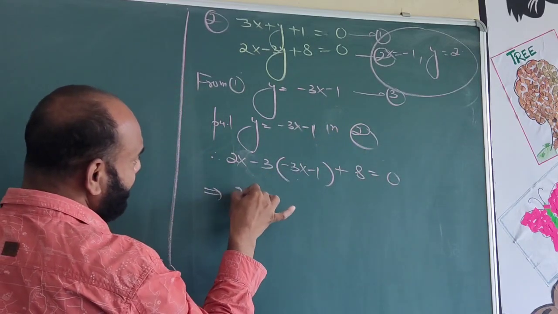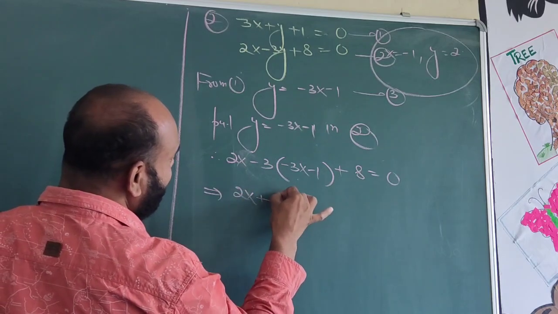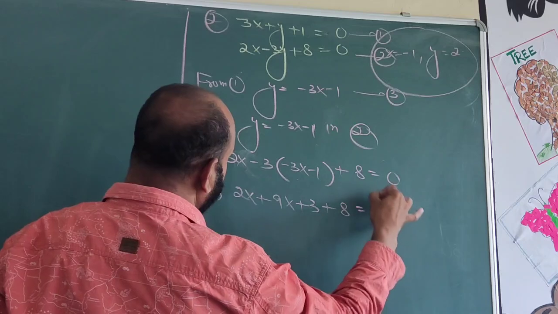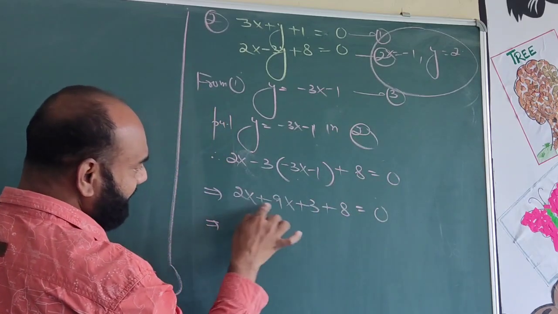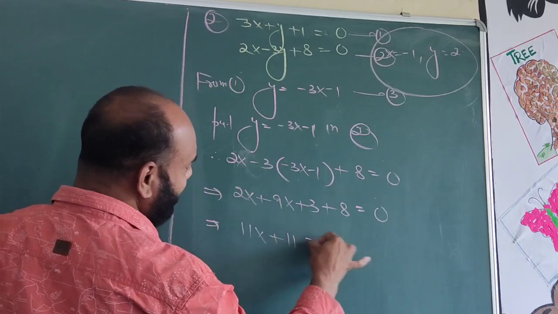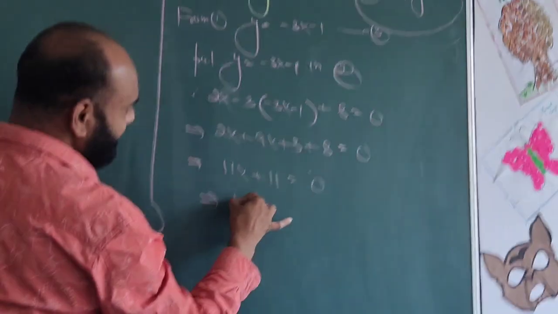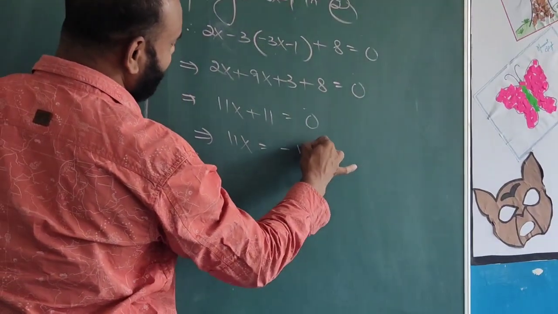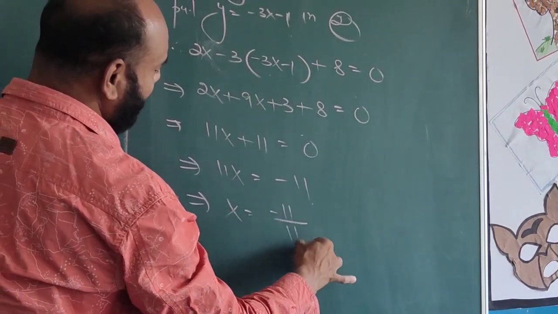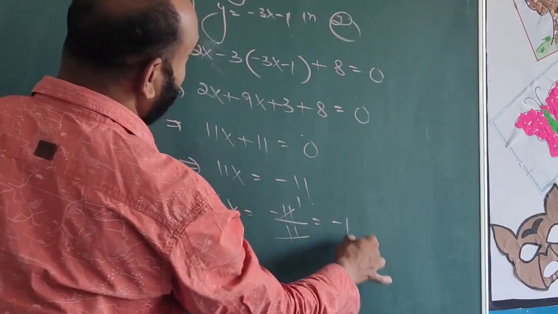This implies 2x + 9x + 3 + 8 is equal to 0, and 2x + 9x is 11x, plus 3 plus 8, 11, is equal to 0. This implies 11x is equal to -11. Therefore, x is equal to -11 upon 11, and this is -1.